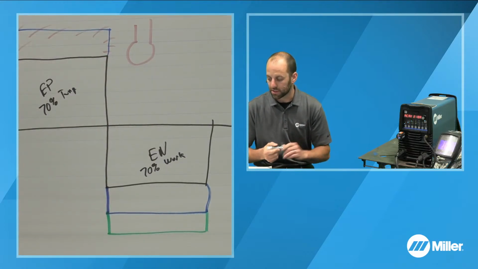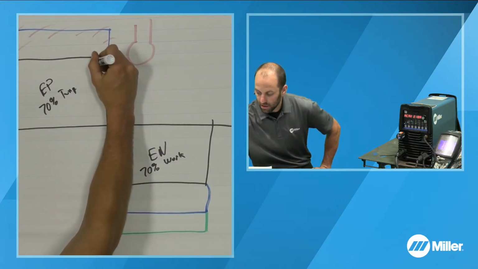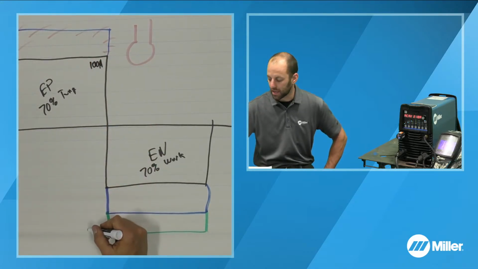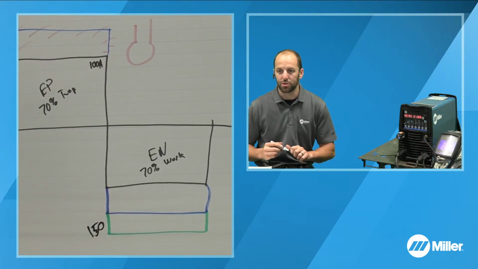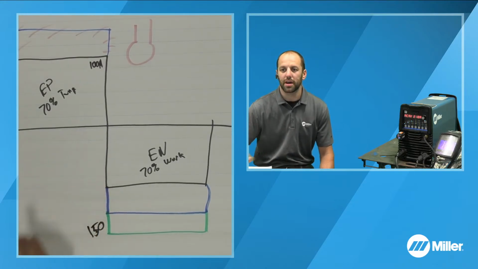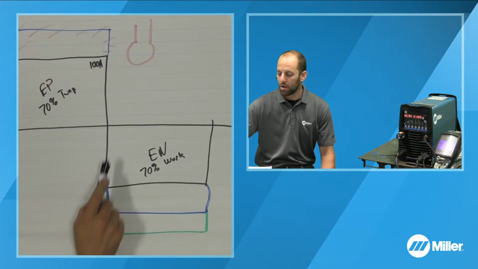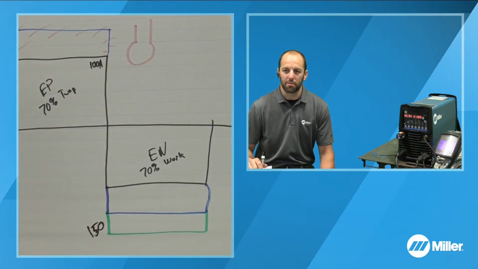We're going to leave this at, let's say, 100 amps, and we might turn our electrode negative to 150 amps. That is going to allow us to use a smaller diameter tungsten in order to accomplish the weld, but not end up with that balling effect.